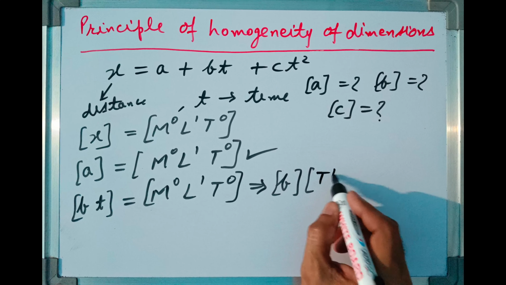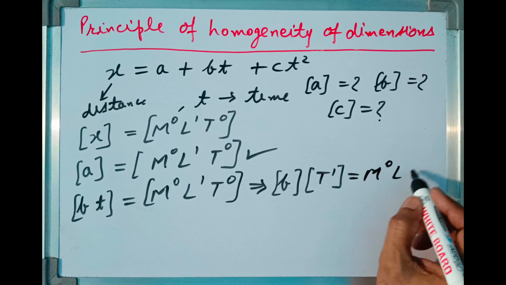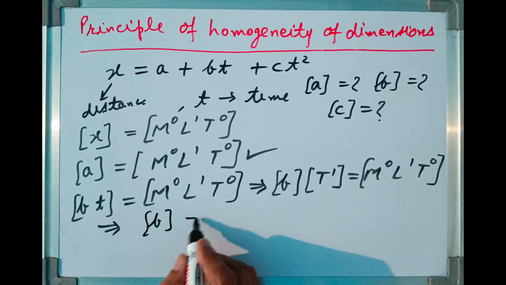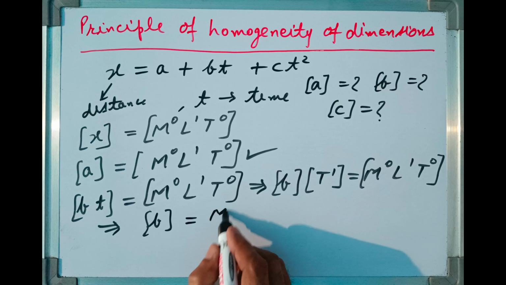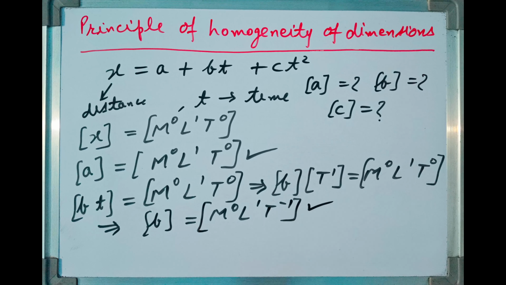Time can be written as T raised to power 1, equal to M raised to power 0 L1 T0. After simplifying this, I can get the dimensional formula of constant b as equal to M0 L1 T minus 1. This is the second answer.